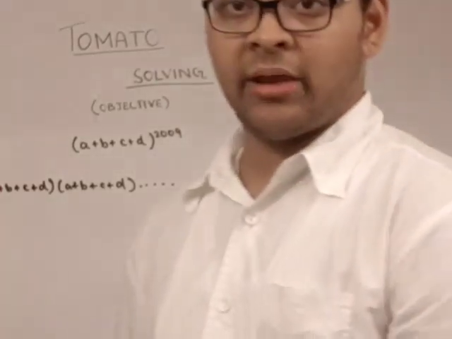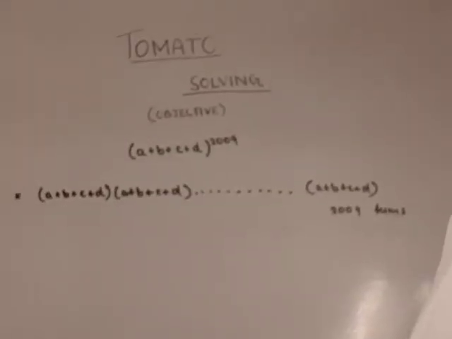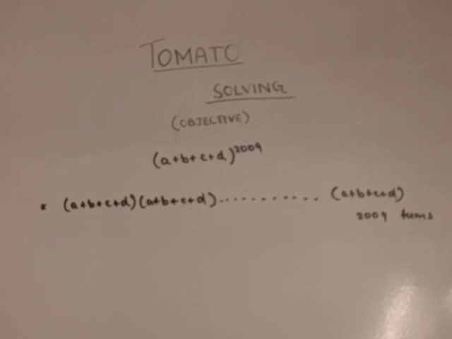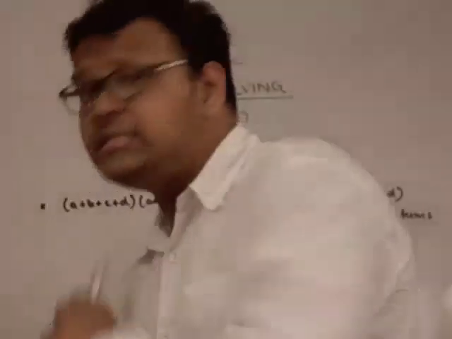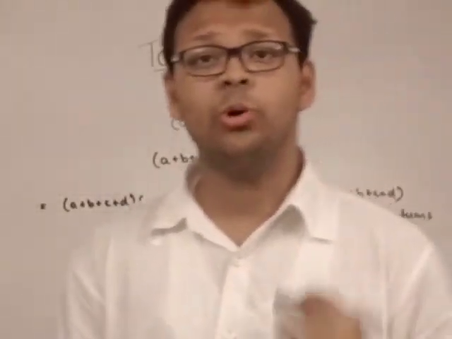In case you cannot see it, I just shift it a bit so that you can see things properly. So this is equivalent to writing 2009 terms of A + B + C + D. Now what is this thing similar to? So let's get into the core concept.